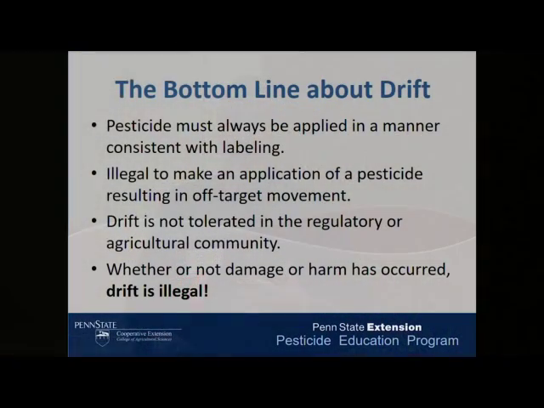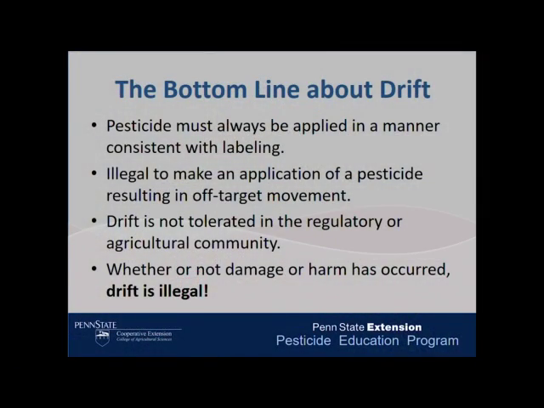Okay, the bottom line is you must apply a pesticide according to the label. You hear us say time and time again, the pesticide label is the law. You need to follow that and make sure that you're making the application in the right manner. It's illegal to make an application of a pesticide resulting in off-target movement. Drift is not tolerated, like I said earlier, by anybody, whether it's the agricultural community or the regulatory community.